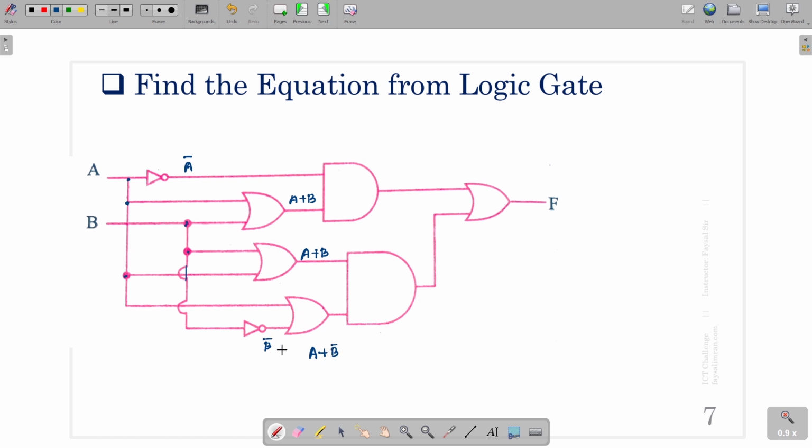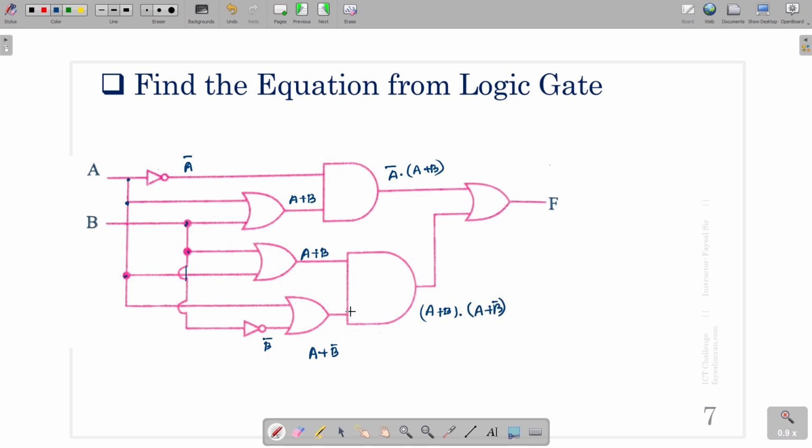Okay, add those values. So now what is the output of this AND logic gate? Here the input is A bar, so we write here A bar, and also the input is A plus B. We have to multiply those values, that means we have to keep our first parenthesis A plus B. Now for this AND logic gate we have input A plus B, so we write here A plus B. Also we have to multiply the value with A plus B bar, so into A plus B bar.